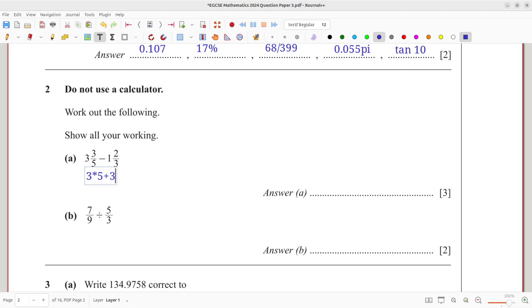So 3 times 5 is 15, plus 3, that's 18. So this is equal to 18 over 5. And then the other one, 1 and 2 over 3, that's 3 multiplied by 1, then plus 2. This is going to give you 5 over 3.